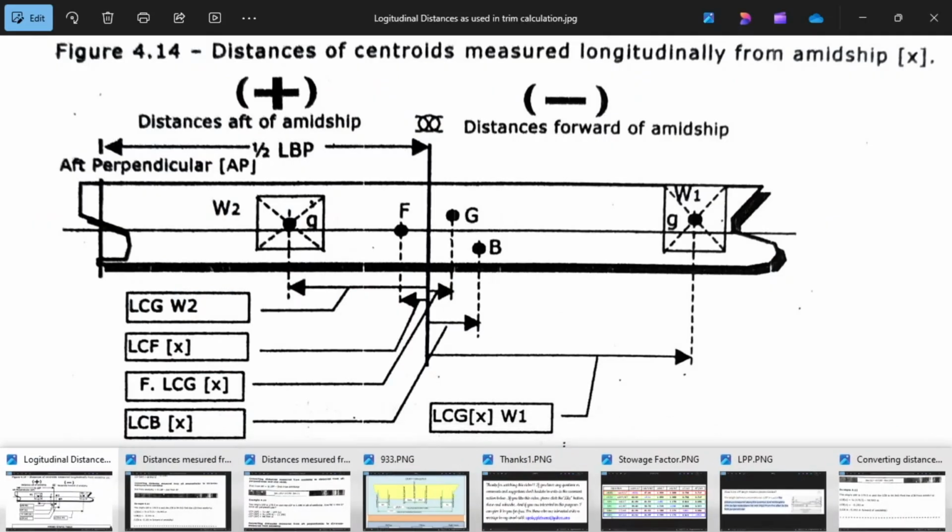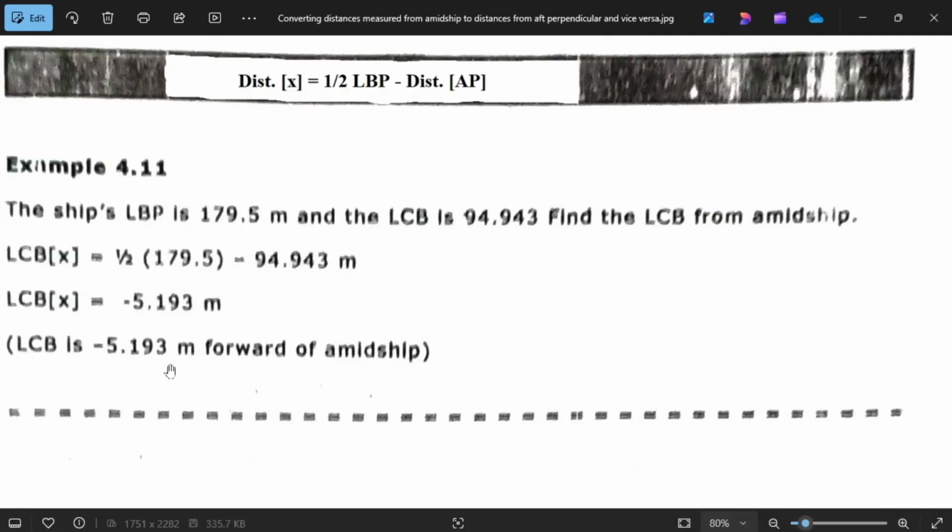The problem is the ship's LBP is 1/2. So 1/2 LCB is minus 94 forward.